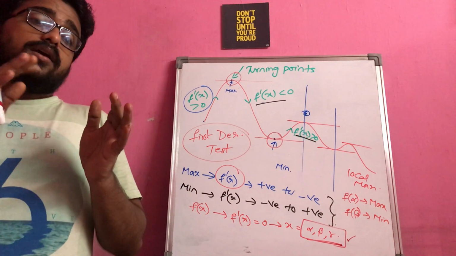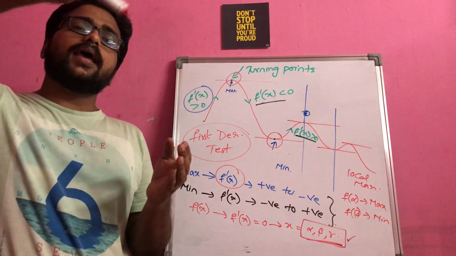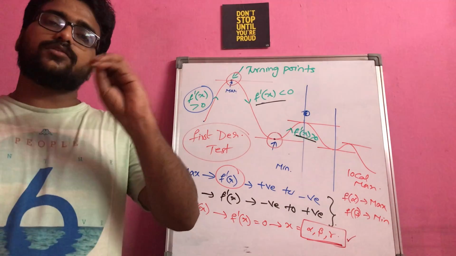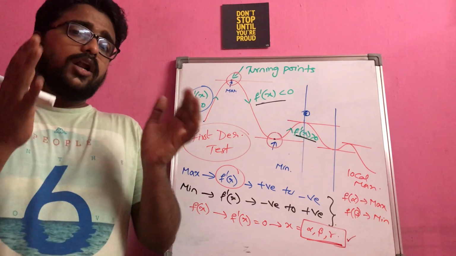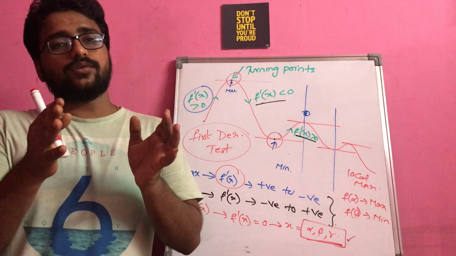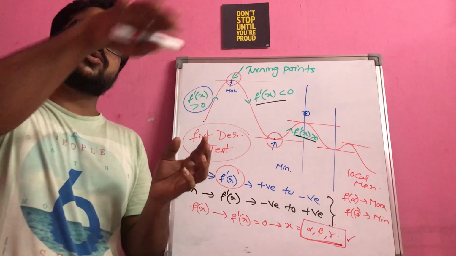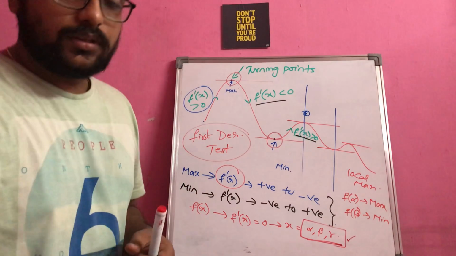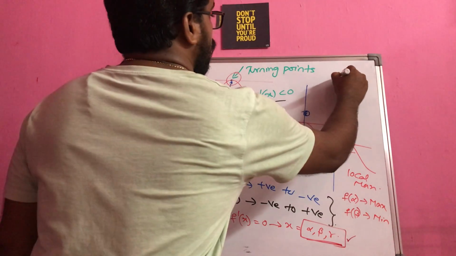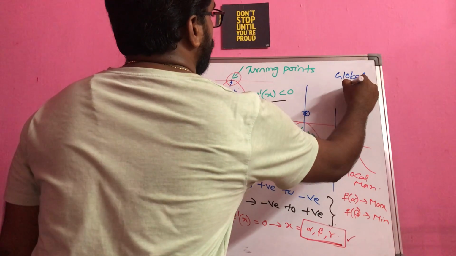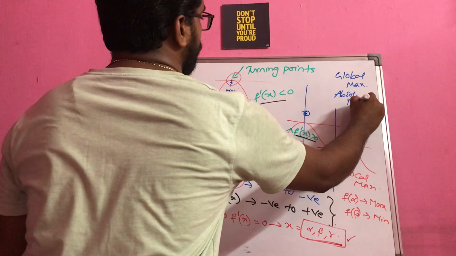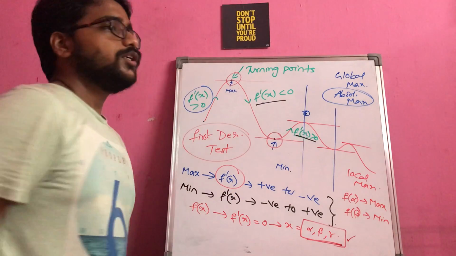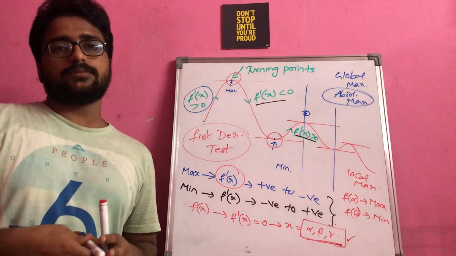If you are top among the 4 or 5 branches that your school has, then you are not taking only your school into consideration, you are taking other schools which are related to you. That is called global maxima, global minima, or another name for this is absolute maxima, absolute minima. So there are actually 2 types of maxima minima concepts.